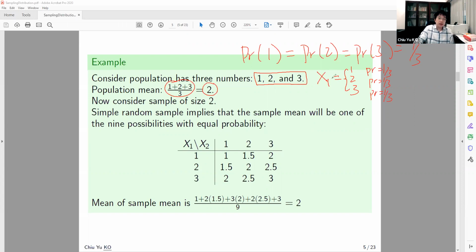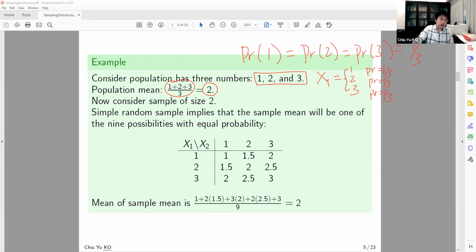The mean of the sample mean is the same thing, because with only one observation, what is drawn is the sample mean itself. So the mean of the sample means is the population mean.